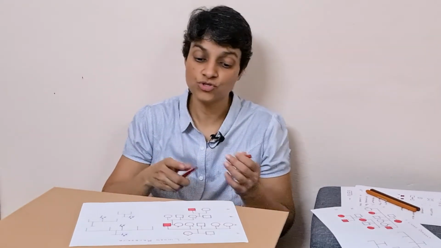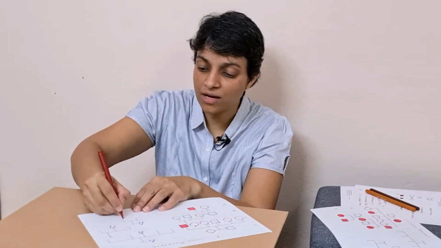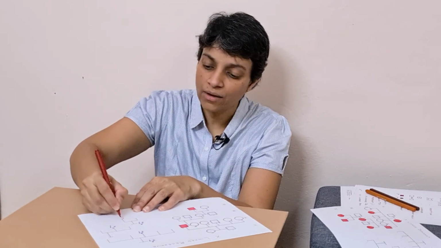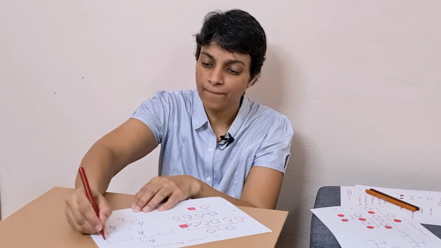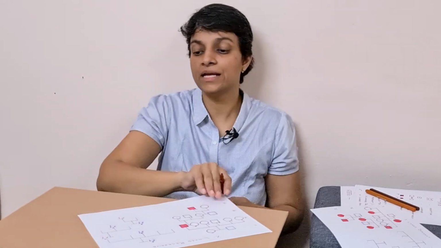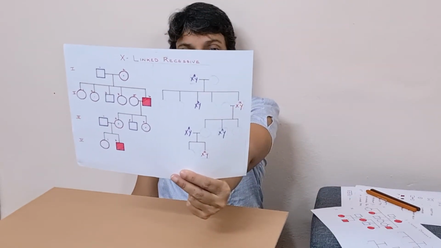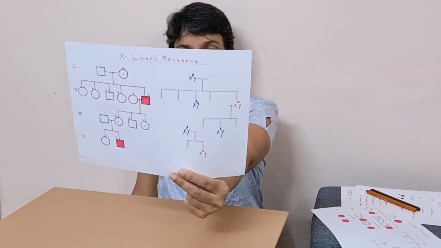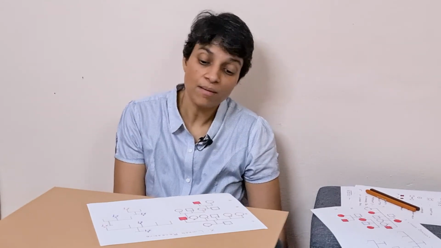I'll just write the genotypes of the affected men. They must be having a small a on their X. Men cannot pass it on to their boy children. So, the defective X in an affected male in an X-linked recessive pedigree must come from the mother.